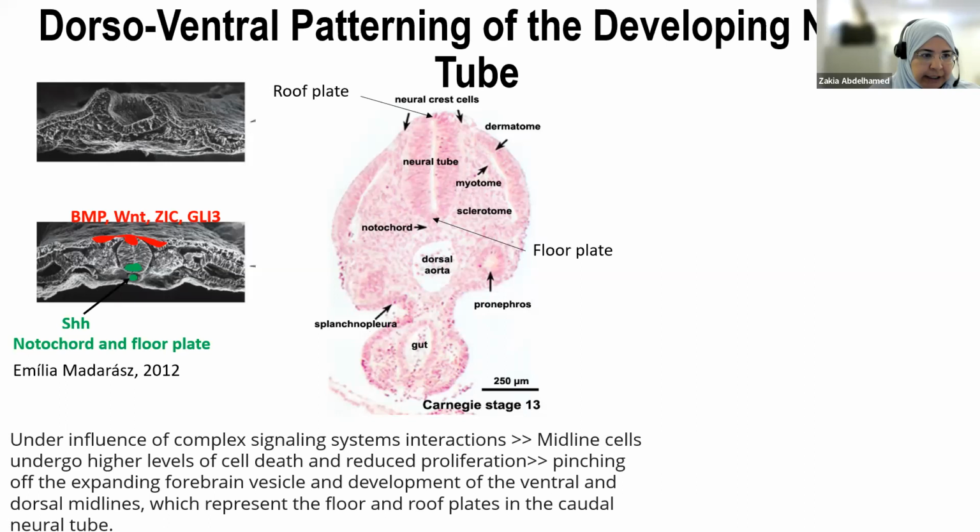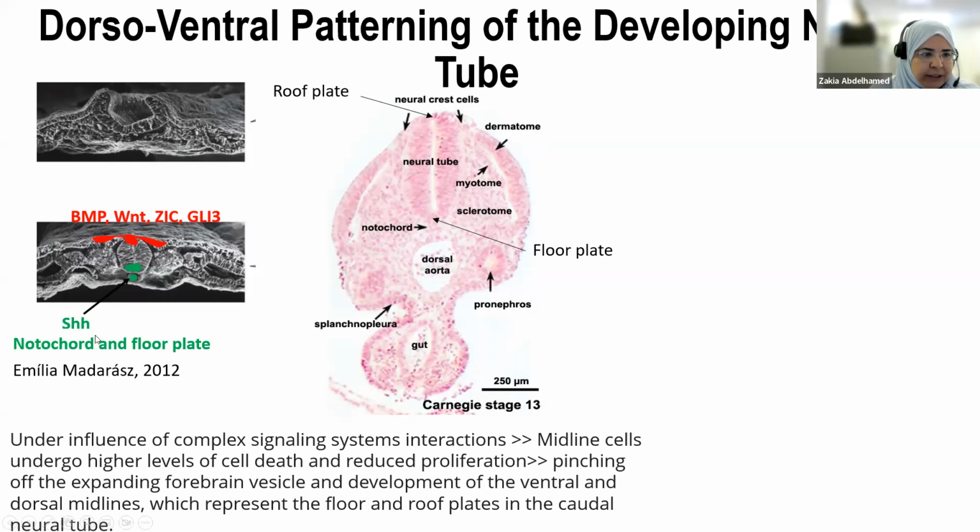Under the influence of a complex signaling system, from the dorsal side we have BMP signaling, Wnt signaling, ZIC and GLI3, and on the ventral side we have sonic hedgehog that is secreted from the notochord, and this secretion initiates the secretion of sonic hedgehog from the floor plate, the ventral neural tube.